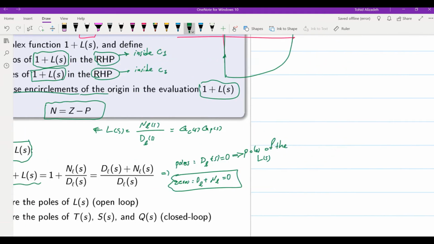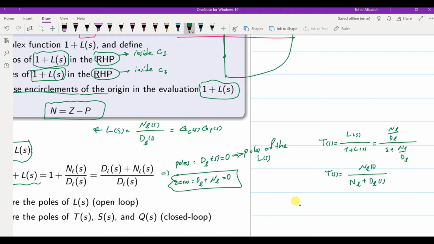On the other hand, if you remember from the transfer function for the closed loop system that we had, or for the sensitivity functions that we had, T will be equal to L over 1 plus L. If I replace L with NL over DL, 1 plus NL over DL, T will be in the form of NL over NL plus DL.